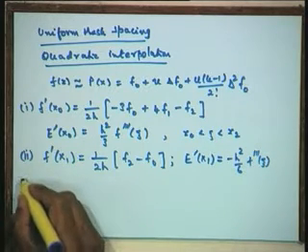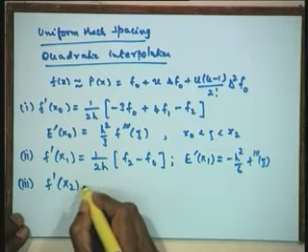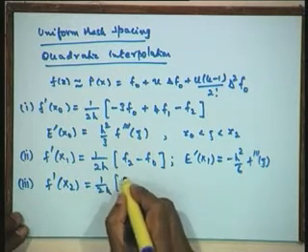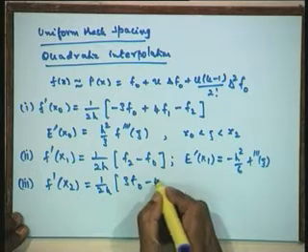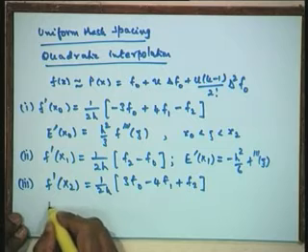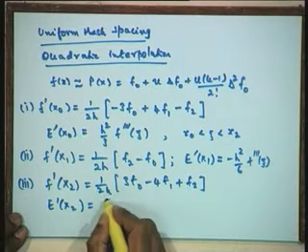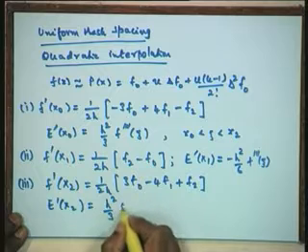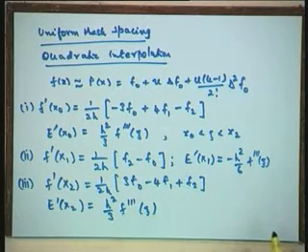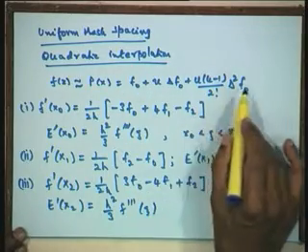And the third formula, at the last point, f dash at x2, is 1 upon 2h of (3 f2 minus 4 f1 plus f0), with the error h squared by 3 f triple dash of xi. So, these are the formulas that we derived last time, starting with the Newton's forward difference formula.